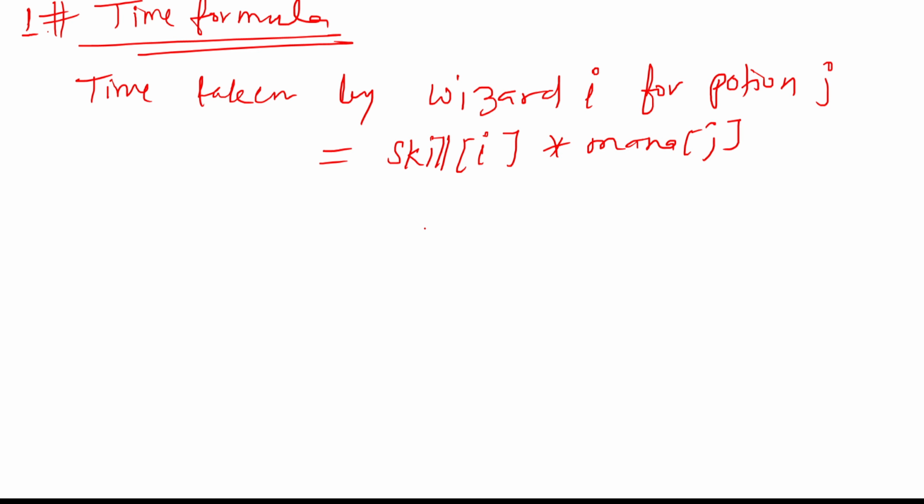Can we say that? If we can say that, we have a wizard, right? And we have the portion. So let's take both here. If wizard is 0 and here skill is equal to 1, right? Skill is 1.